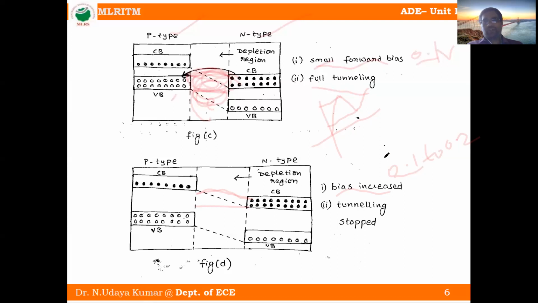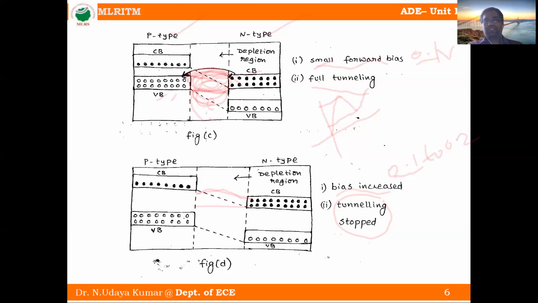Whenever forward voltage is more than 0.1, tunneling will be stopped, because the conduction band and valence bands are not at the same level. Here the valence band and conduction band are at the same level. Only if they are at the same level is current conduction possible, because it is a thin layer.